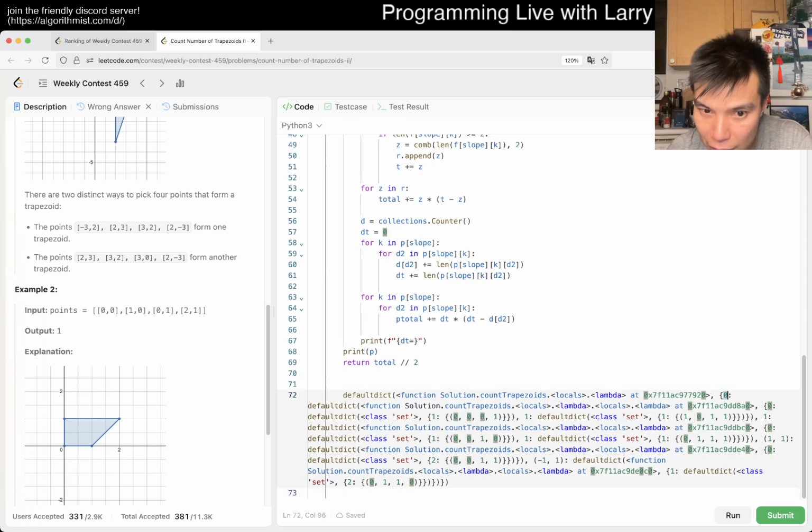Okay, so 0, 0, 0, 1, 0, 1. It is still not easy to read, because everything is zeros and ones.